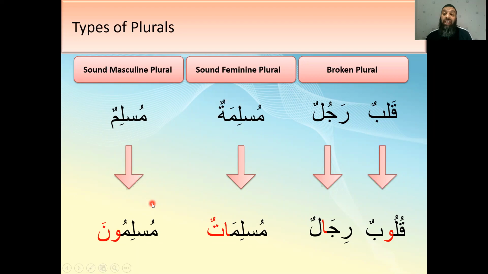Why is it called sound masculine plural? Any non-Arab? Any idea? Look at the other two. Let's see if you can figure it out. Because it refers to a man or a male. Okay, that's the masculine part, but what about the sound part? Why is it called sound masculine plural? It ends with un. Okay, look at this one here. This is called broken plural. Look what's happening.